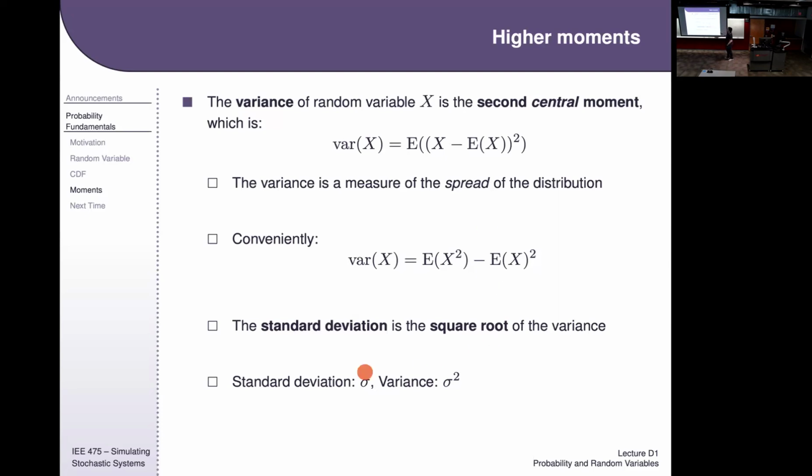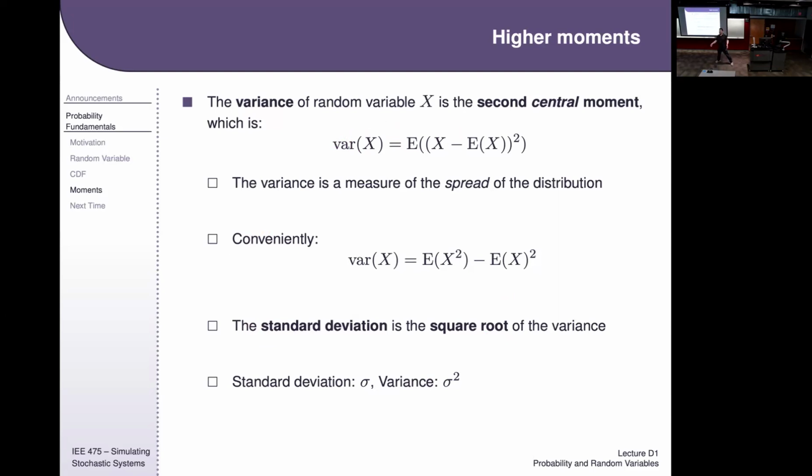The variance of a random variable is the expected value of a new random variable, which is your random variable minus its mean. That shifts your random variable over so that its fulcrum is at 0. That's all that does. And then it takes the square of that random variable.